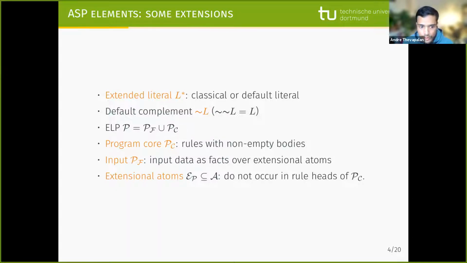The program core is the main rules with non-empty bodies, and our input data are the interchangeable set of facts, which are here over extensional atoms. What are extensional atoms in our case? Those are atoms which do not occur in rule heads of the program core.